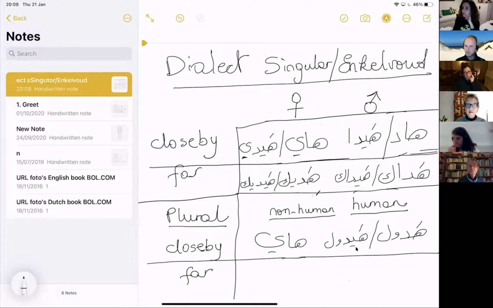Like if I want to say these books, I can say هدول الكتب or هاي الكتب. It doesn't matter. مش مهم. In dialect. In فصحى كتير مهم. In فصحى this rule is very very strict. بس بالعامية لا مش مهم.